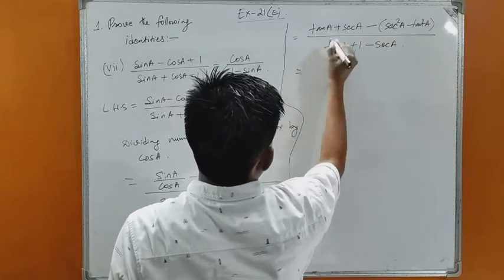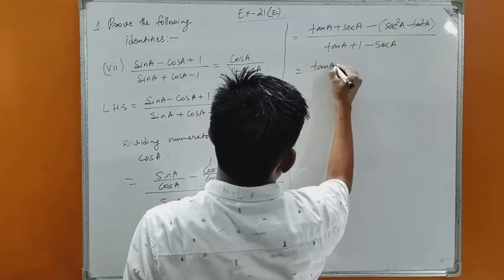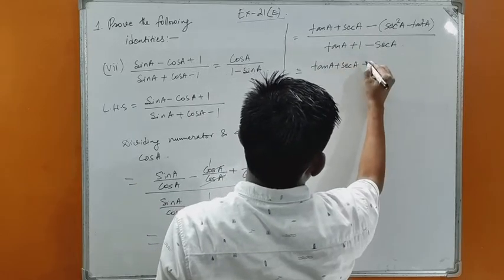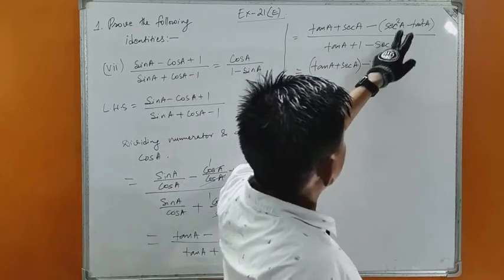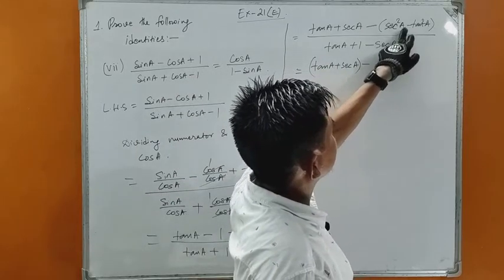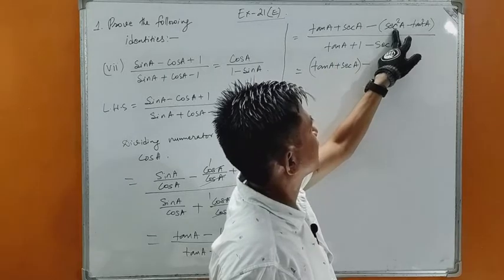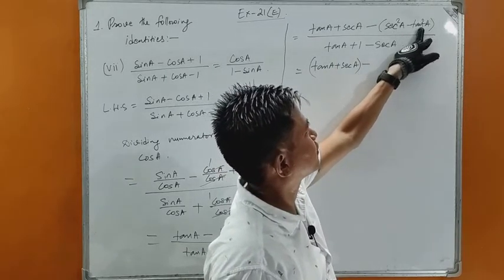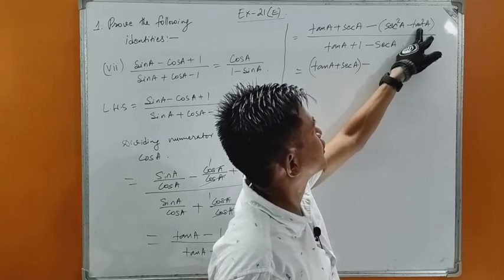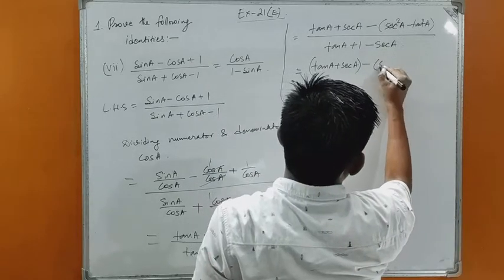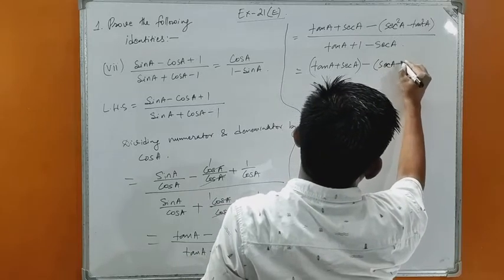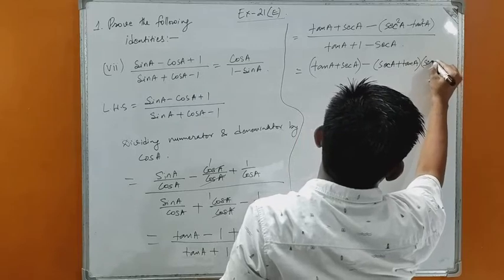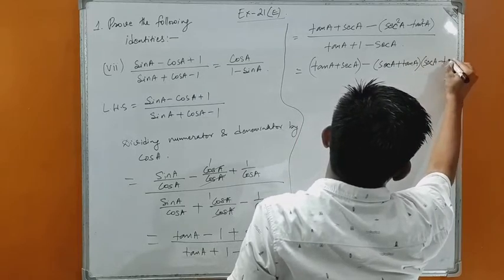So tan A plus sec A I copy as it is, and this minus comes here. Sec square A minus tan square A: let us assume this sec A as A and tan A as B. So A square minus B square can be written as A plus B into A minus B, isn't it?